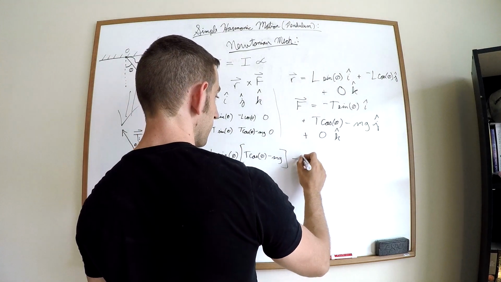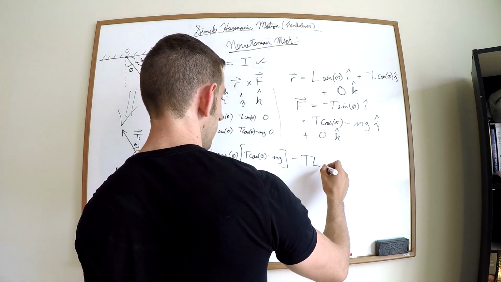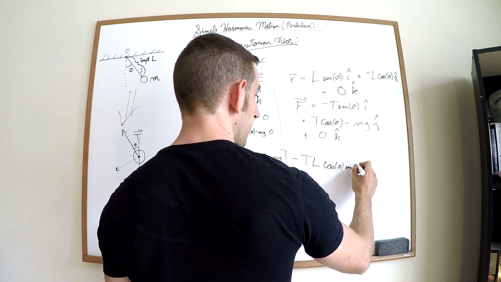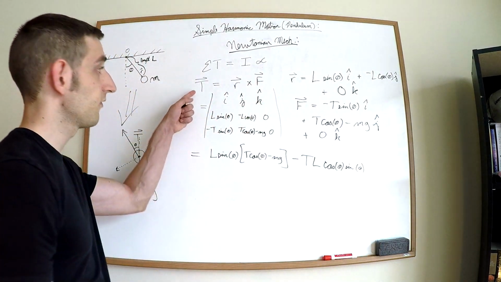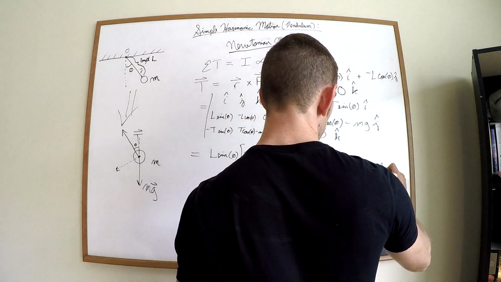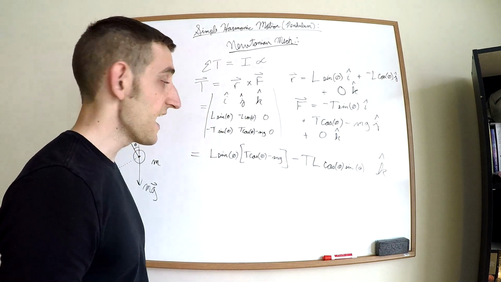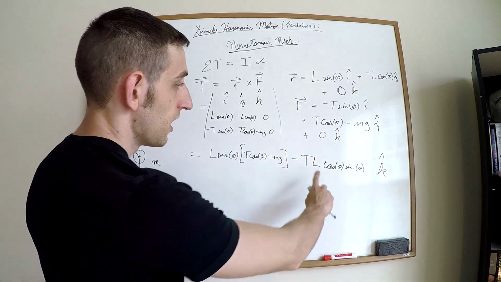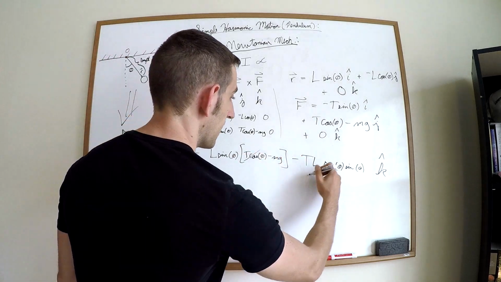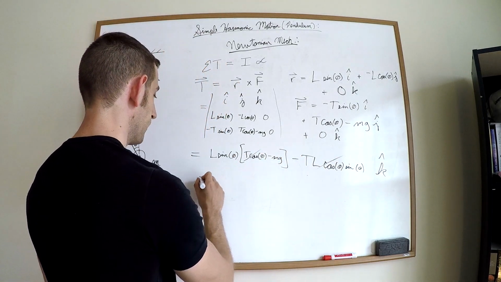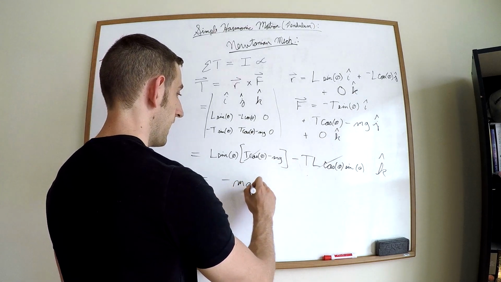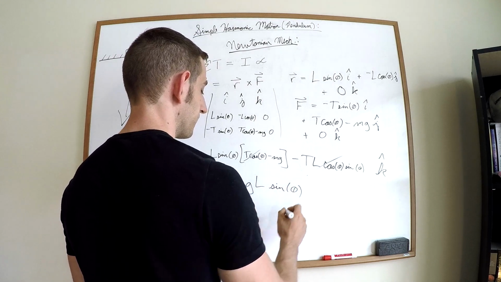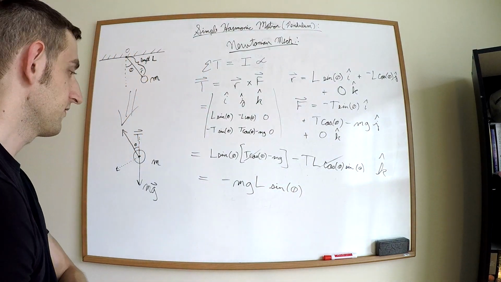So this becomes T L cosine theta sine theta, and it's still a vector, so we must put in k hat. So we get TL sine theta cosine theta, bam, this cancels out with that guy, and we're left with negative MGL sine theta. That's very, very nice.